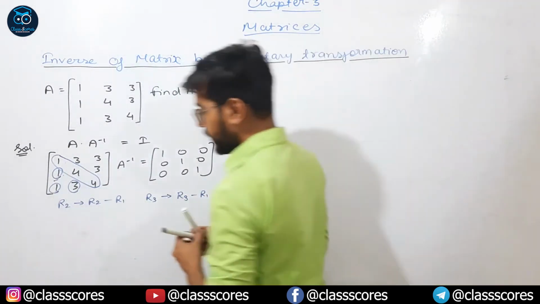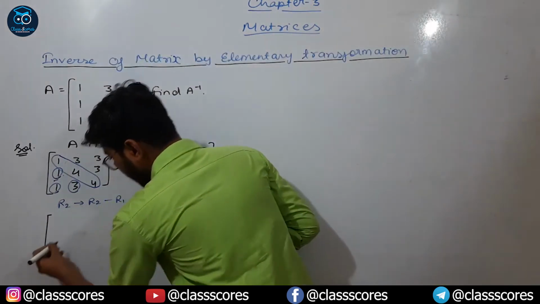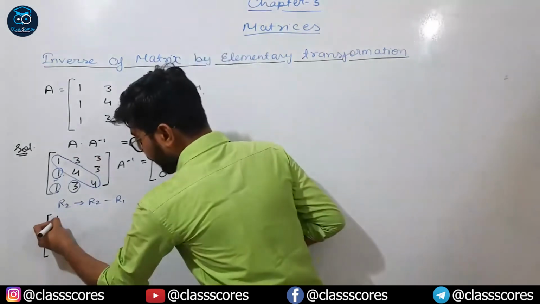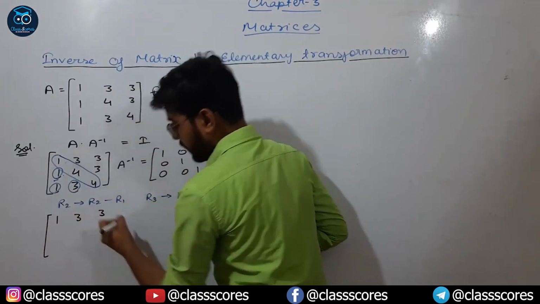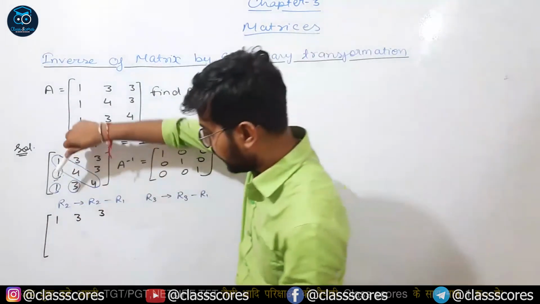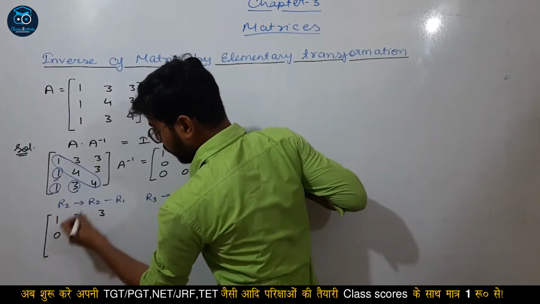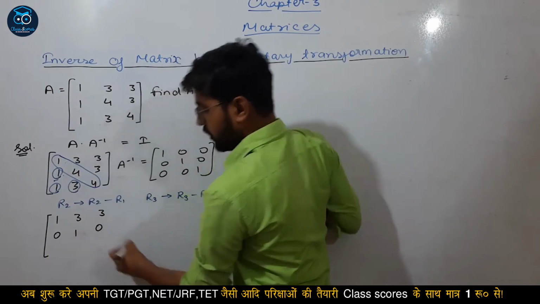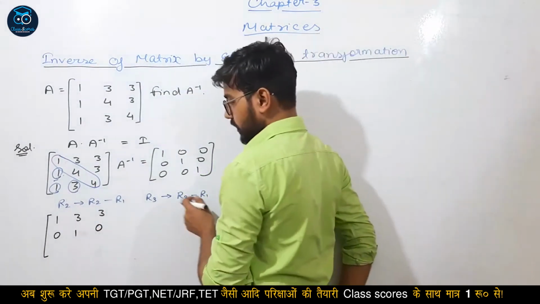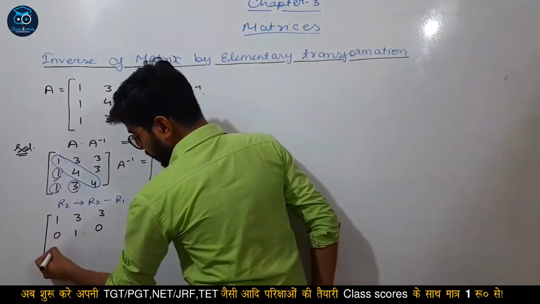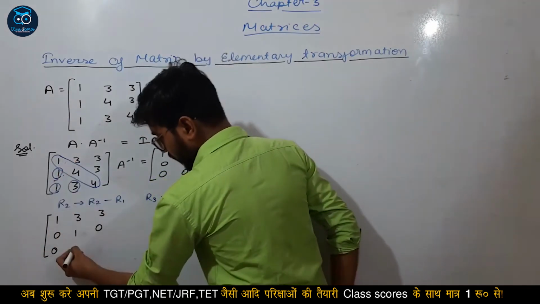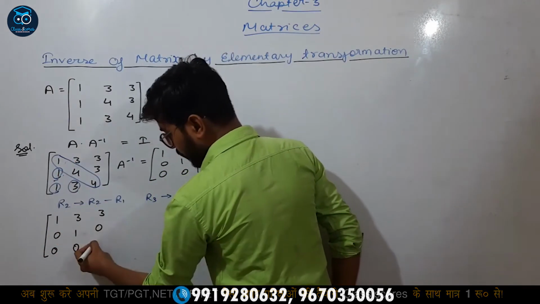Now apply. So we get, there is no change in R1, we can write R1 as it is. Now R2 minus R1, that is 1 minus 1, 0. 4 minus 3, 1. 3 minus 3, 0. Again R3 minus R1, 1 minus 1, 0. 3 minus 3, 0. 4 minus 3, 1.